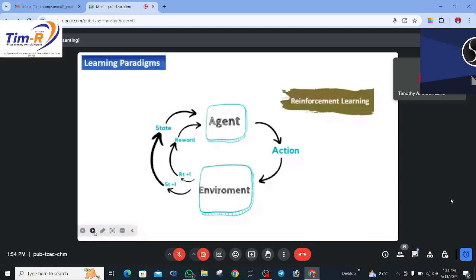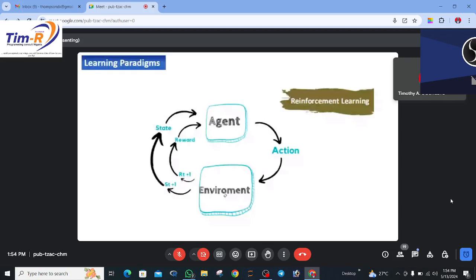Still on reinforcement learning, we have the agent and the reinforcement, and it flows this way. We have the reward. We state something, instructions, or it can be anything.